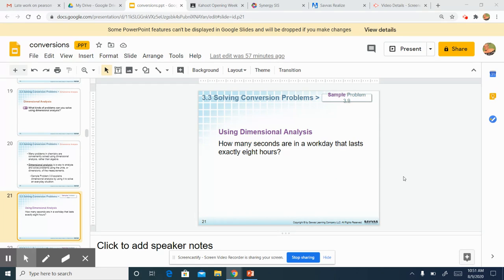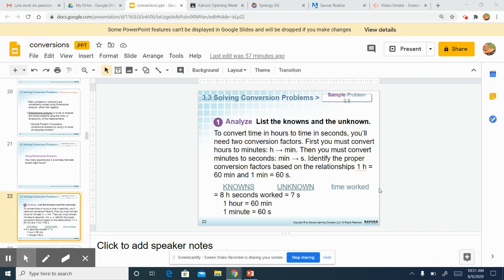Okay, so for our first problem here, using dimensional analysis, how many seconds are in a workday that lasts exactly 8 hours? So if we work 8 hours a day, how many seconds does that come out to be?